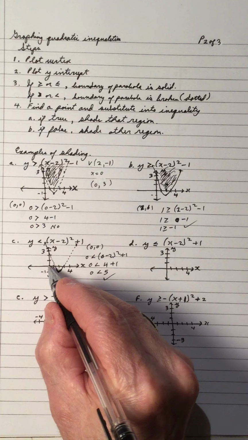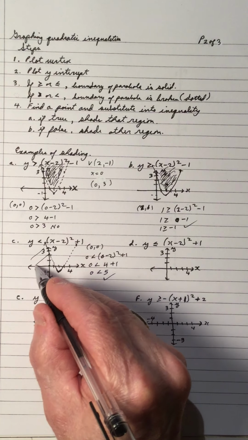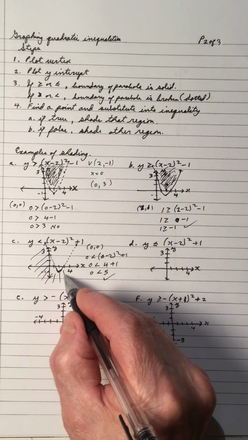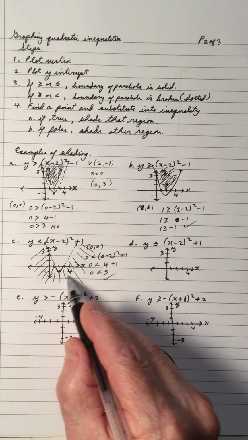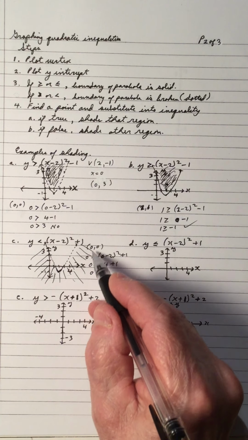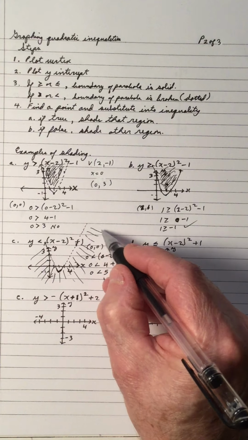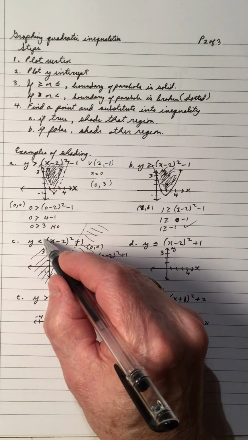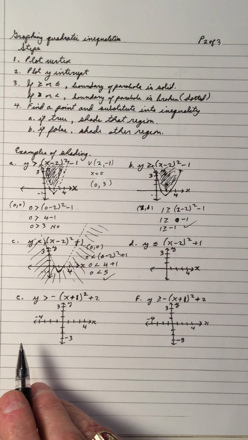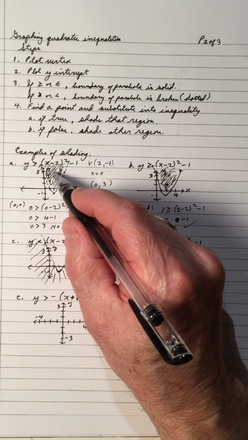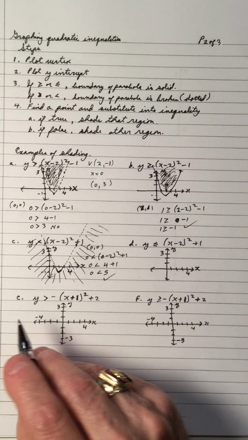That's true. So the point 0, 0 is in the graph, so that's why I'm shading here. So this parabola can keep going up and up and up. All the points inside of here make this inequality true.